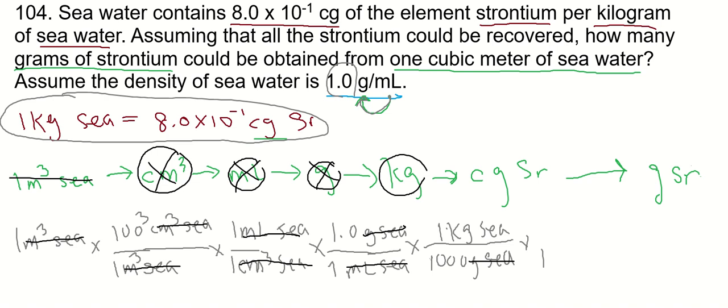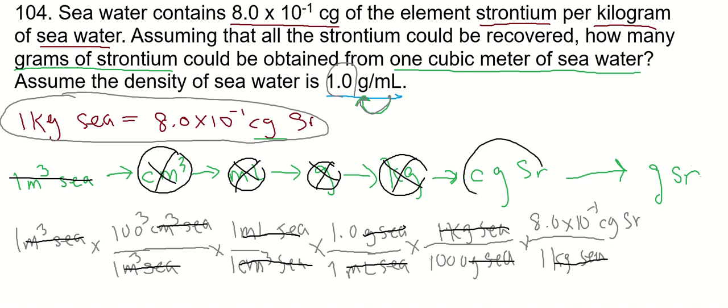So 1 kilogram of seawater has 8.0 times 10 to the -1 centigrams of, we're finally in terms of strontium now. Kilograms of seawater, gone. We're here, one last.